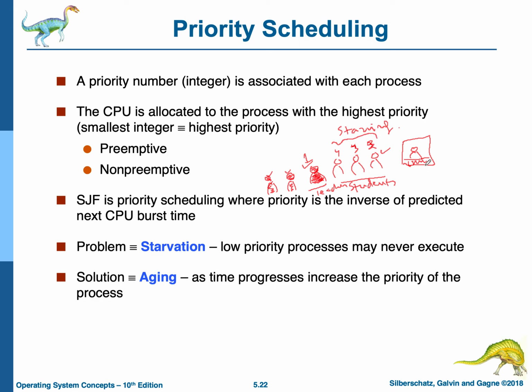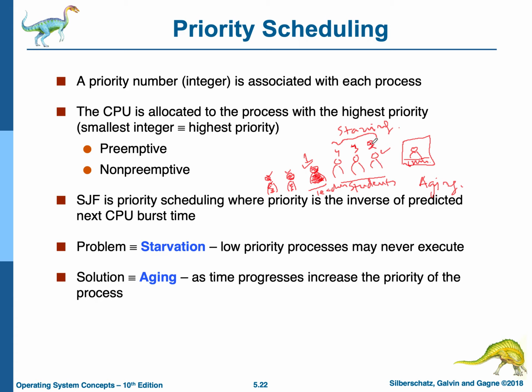In priority queue, starving means that the lowest priority process may never execute, or may take longer to execute. The solution to this is aging. Aging means that every time you are serving, the priority of the remaining jobs is incremented by one.